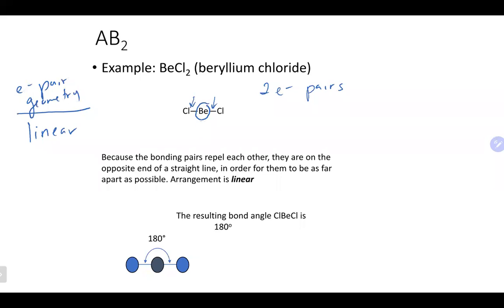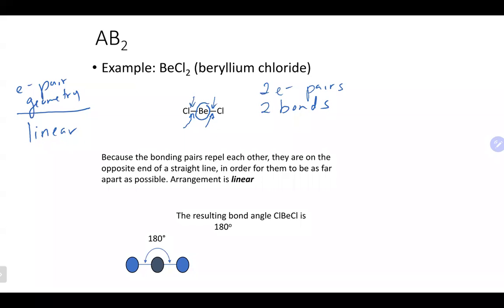Now, when we look at 2 electron pairs, we also want to count up how many bonds there are. There's 1 bond there and 2 bonds there. So it has 2 bonds. In this particular case, we have these 2 bonded pairs, which don't want to be near each other, so they're going to get as far away as possible from each other.